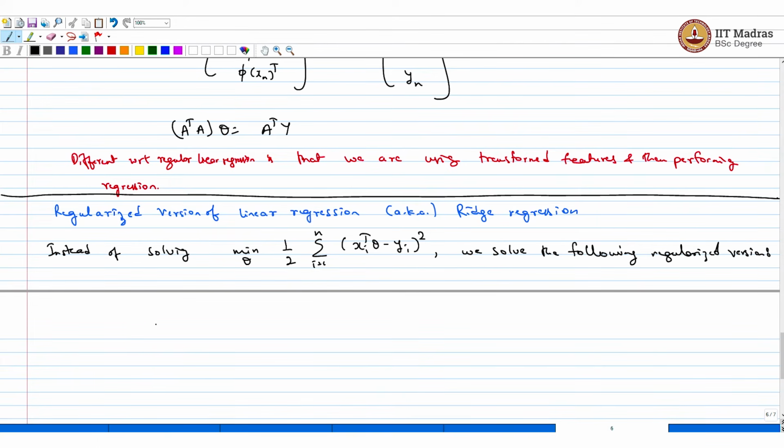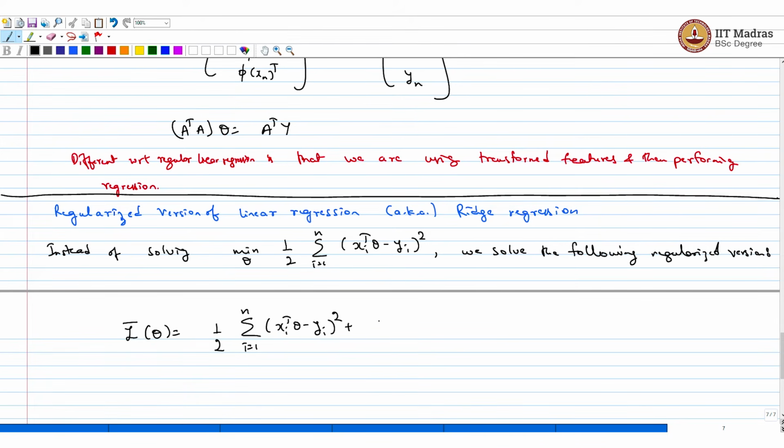So, the regularized version is, let me define L bar of theta as half summation i equals 1 to n (xi transpose theta minus yi) square plus you add a lambda times norm theta square, and this is the regularization term.